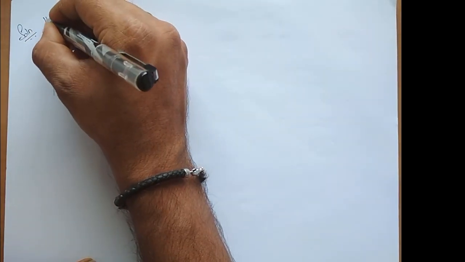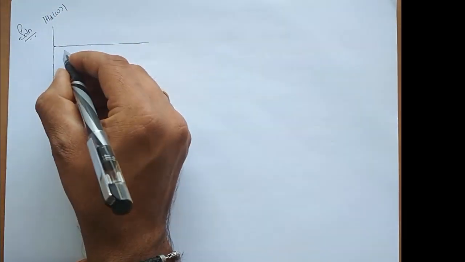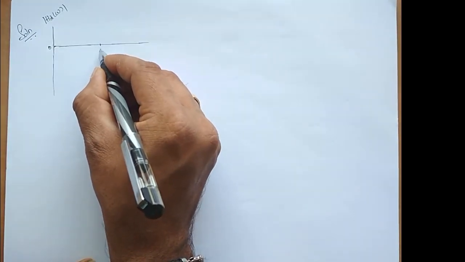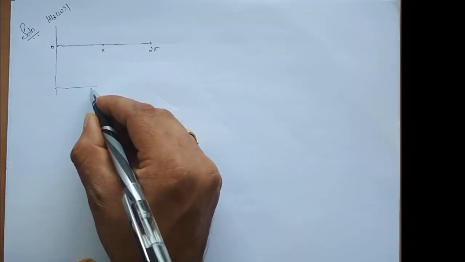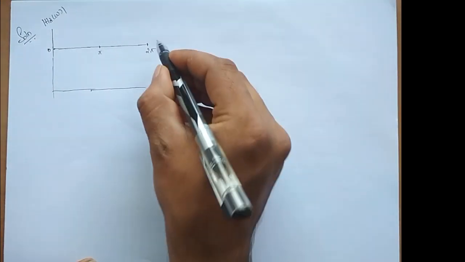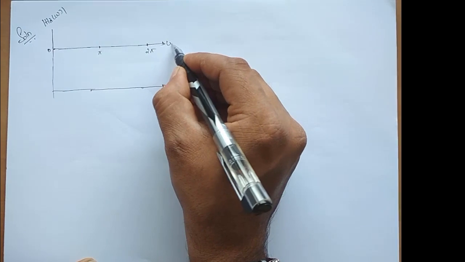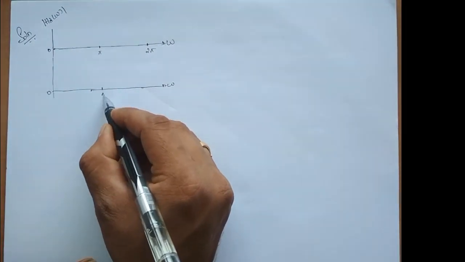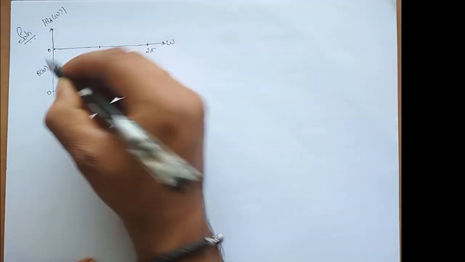So this is magnitude of HD of omega, 0, this is pi, this is 2 pi. This is also omega, 0, pi, 2 pi. And this is theta of omega.